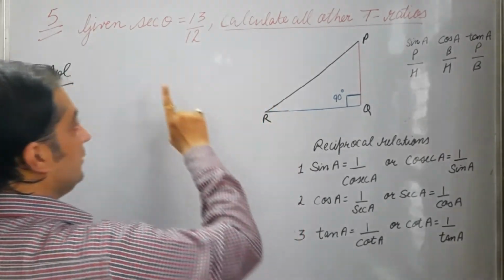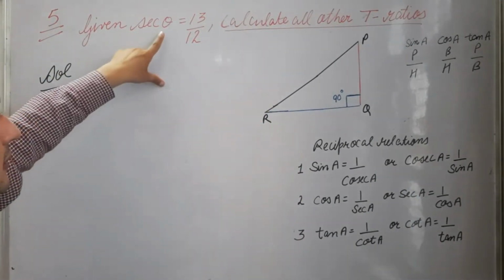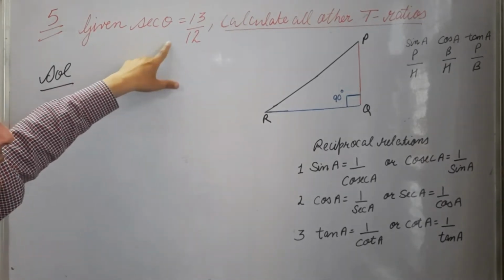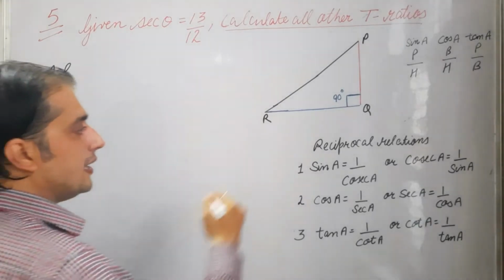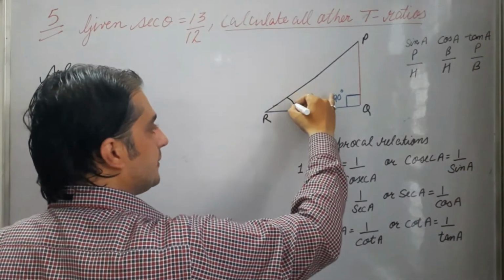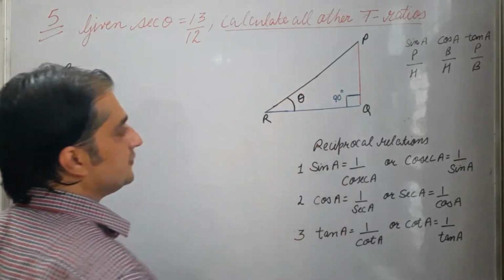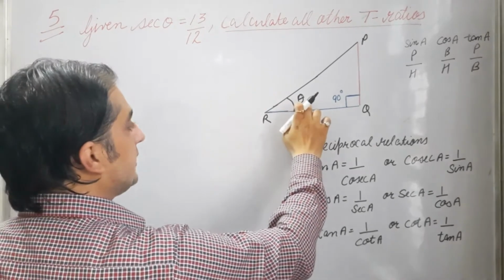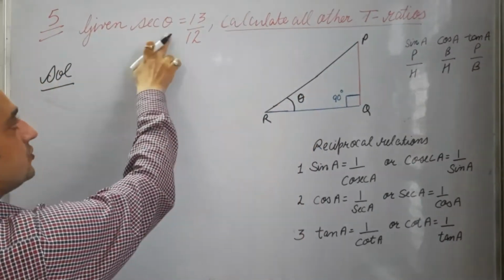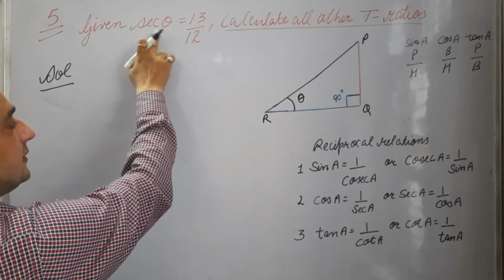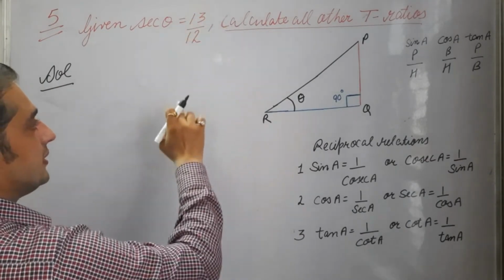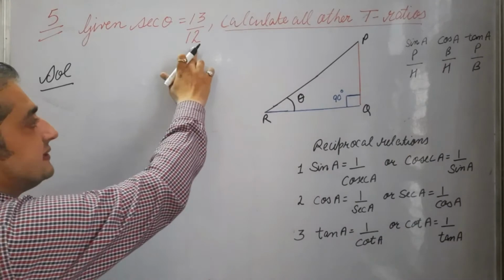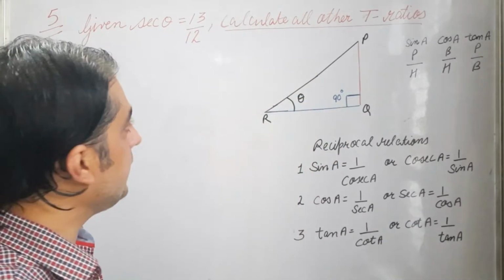One angle you have taken is angle theta, the acute angle, for which the T ratio secant theta is given. I can take this angle R as my angle theta, the angle of reference, for which secant theta is 13 by 12, the ratio between the lengths of two sides of the triangle.